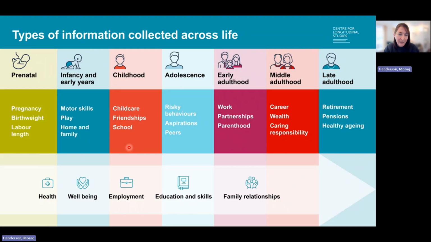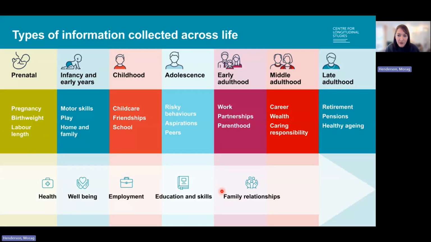In childhood, we're capturing more types of information about friendships, school subject choices, childcare. As we move into adolescence, we might change the focus or add to it and include things like risky behaviours, aspiration or peer effects. So these are measures that are specific to the age and stage of the cohort member.